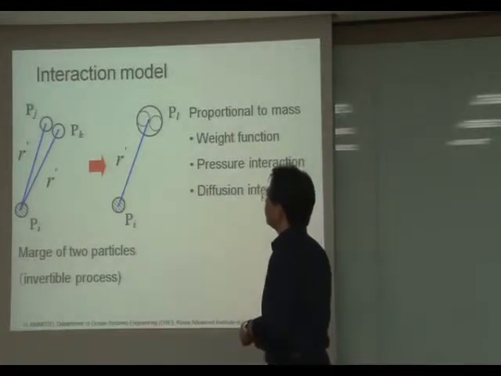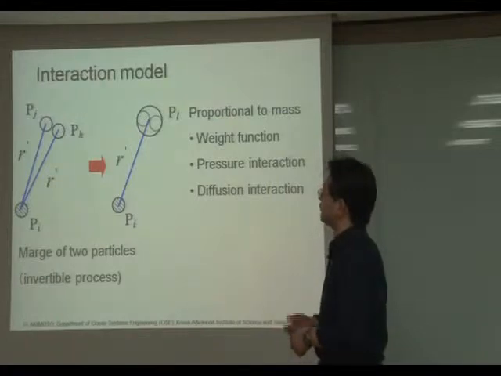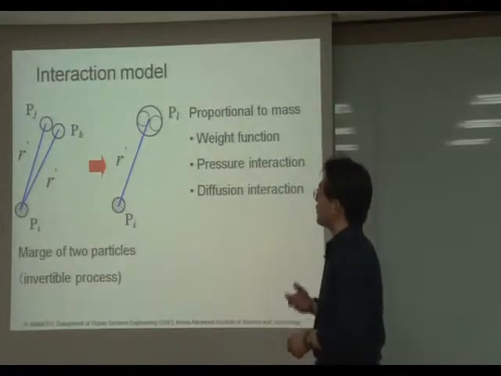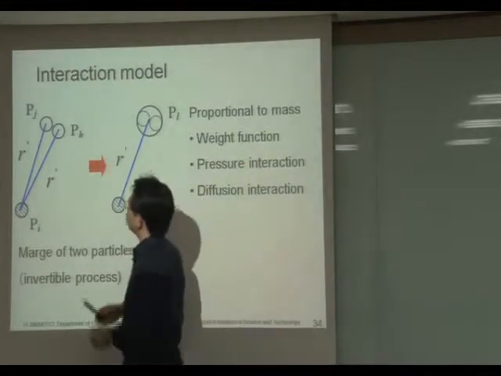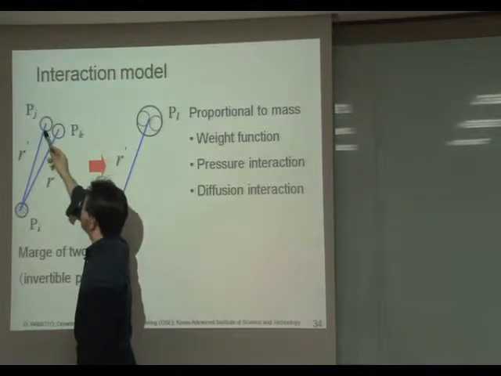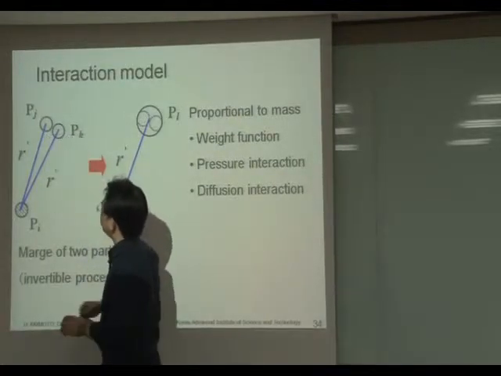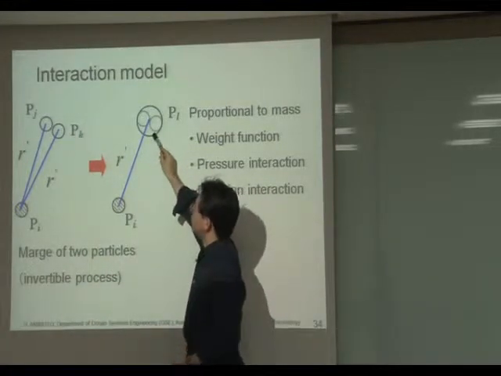For the treatment, we have to consider the possible situations. In this case, this picture shows the condition when particle J and the particle K are merged into one larger particle.